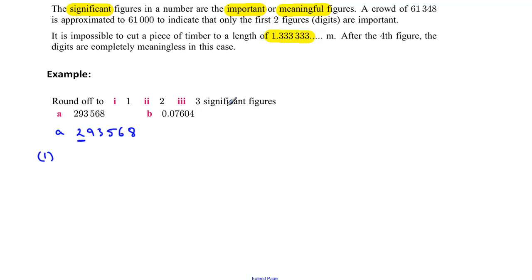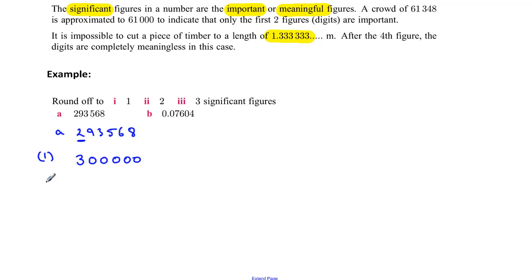So in order to round this to 1 significant figure, you look at the 2, you still look at the number after it, in this case 9, and the 2 would become a 3. And all these other numbers need to be replaced with zeros as placeholders. So if I round this number here to 1 significant figure, the answer is 300,000.